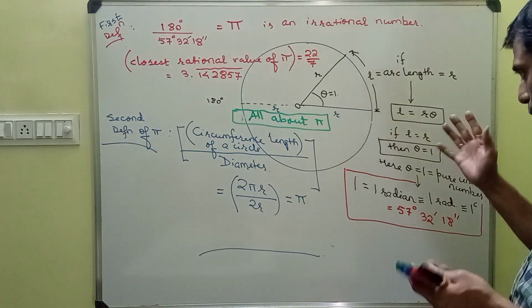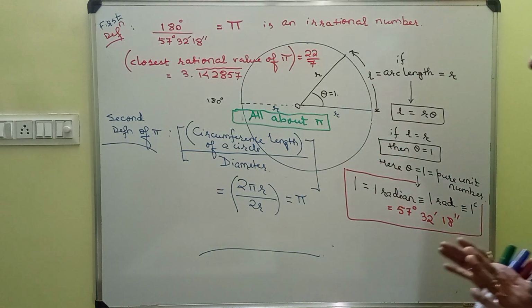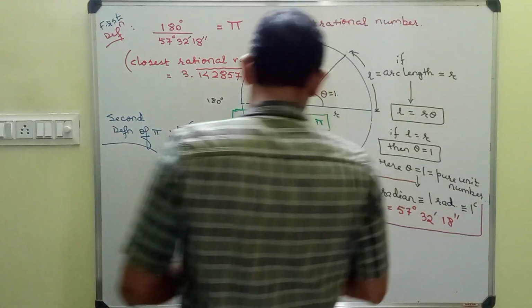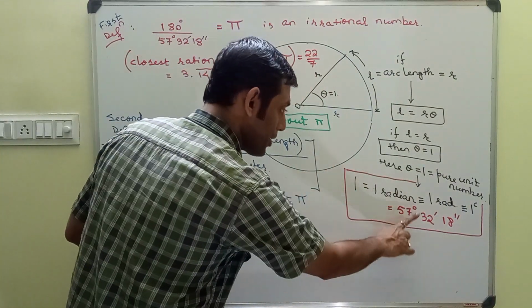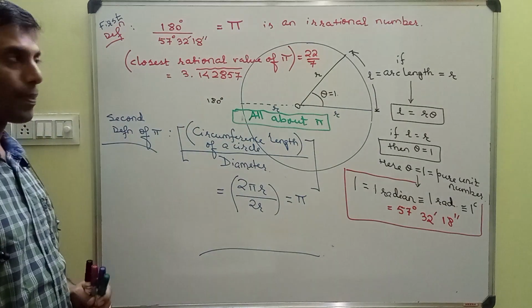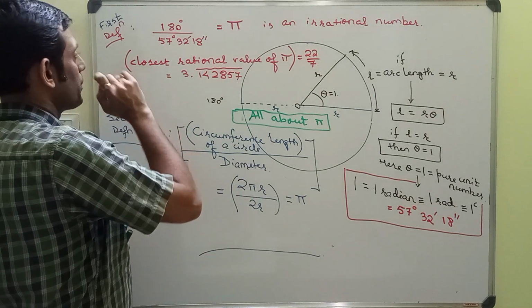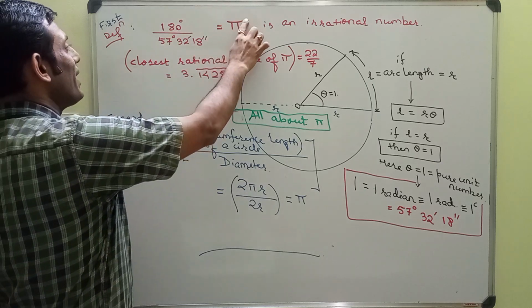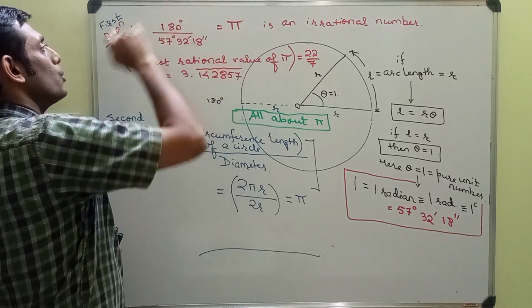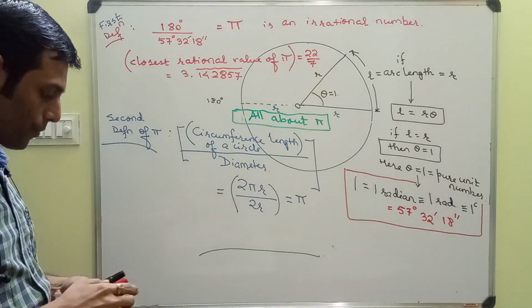Degrees and radians, as you can see. See, 1 radian is equal to this many degrees. Or you can say this pi radian into this many degrees is equal to 180 degrees.